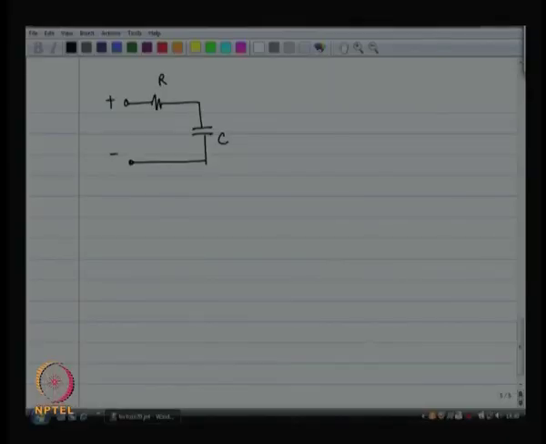Suppose you have got an RC network and you apply the input across the RC and you take the output just across the C. What noise will you see at the output? This is the question, all right.